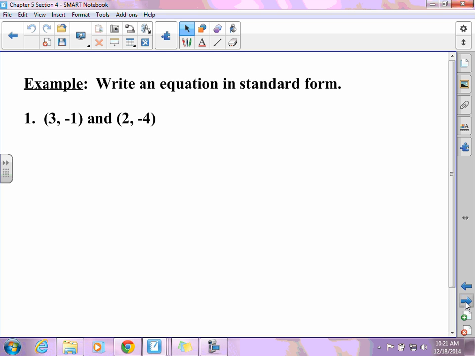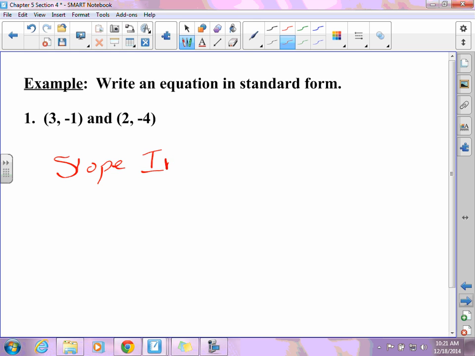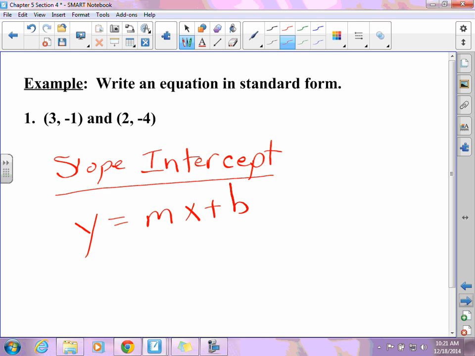Now, let's review just a little bit. Remember we did slope-intercept form. And remember that was y equals mx plus b, where m was my slope and b was my y-intercept. And most of you have a pretty good grasp of that right now.